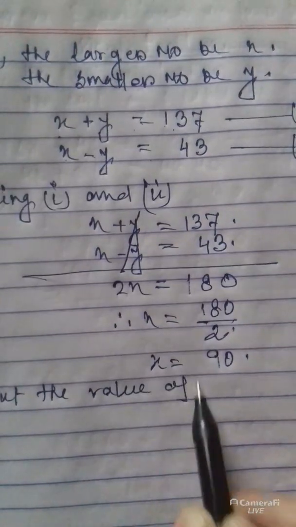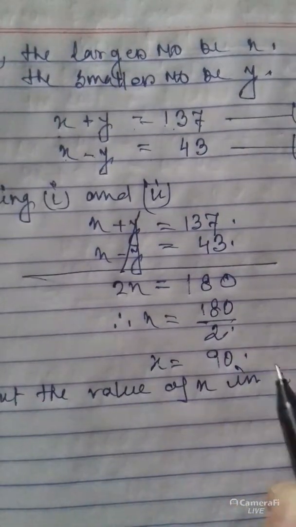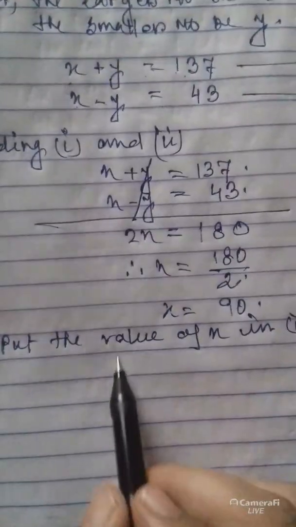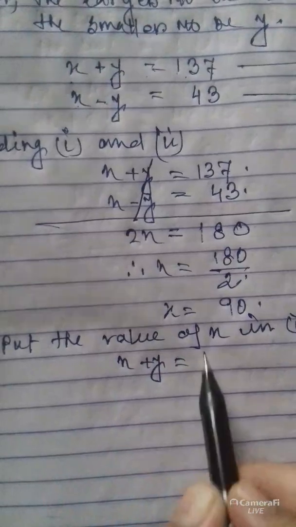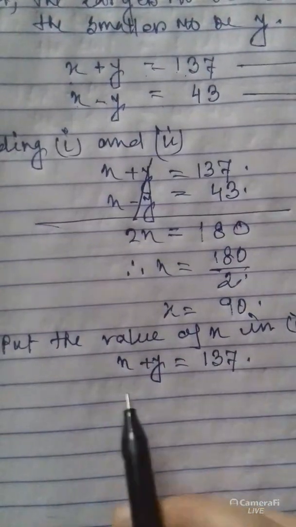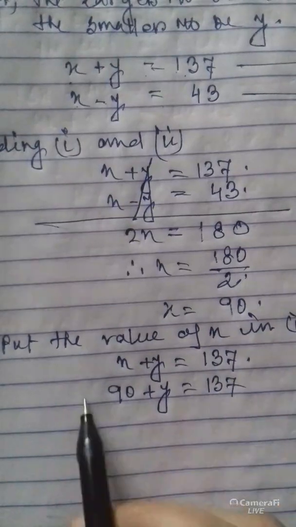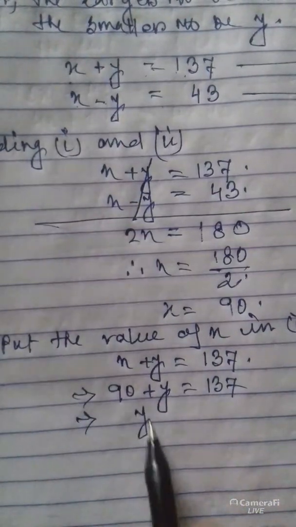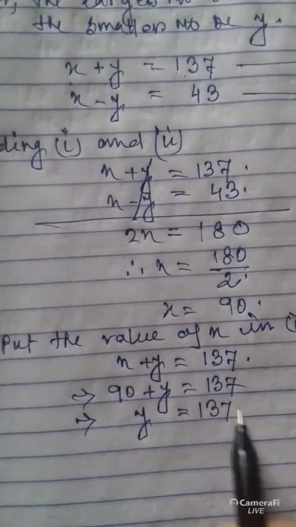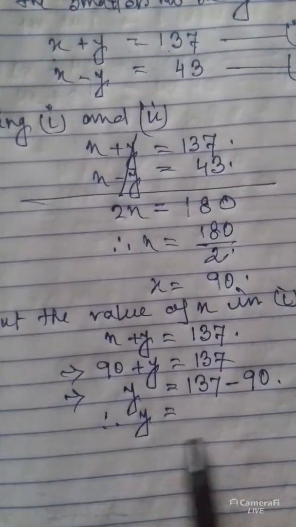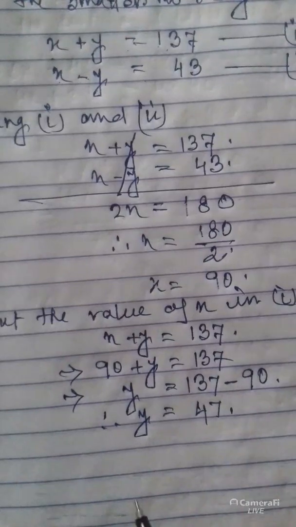Put the value of x in equation one. Equation one is x plus y equal to 137. Then 90 plus y equal to 137. Therefore, y equal to 137 minus 90. y equal to 47.